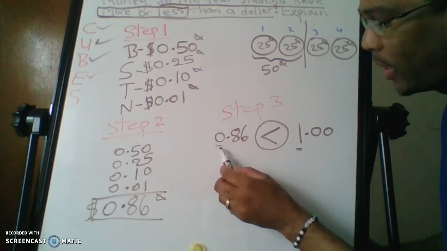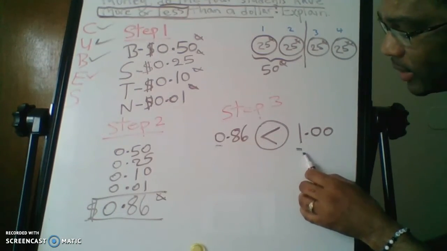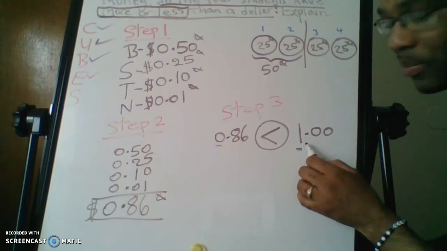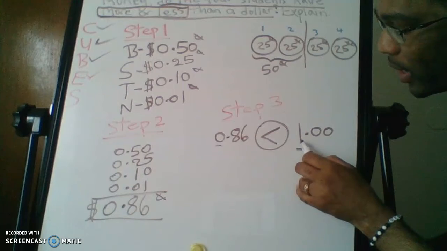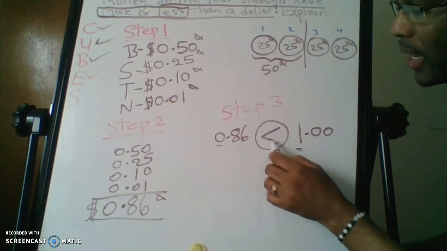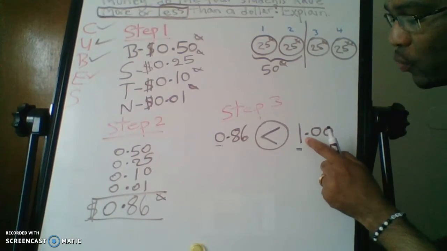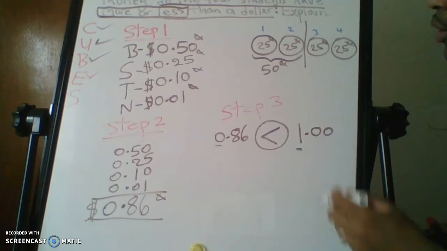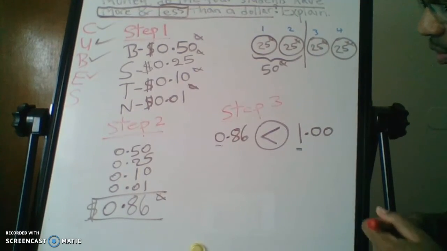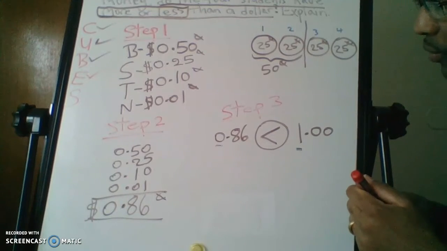I'm going to my other number to the same place value, ones, and see the value of that digit. It's 1. So I know 1 is greater than 0. So I put the alligator mouth facing the bigger side. So that's step 3, and I can end step 3 saying that 1 is greater than 0.